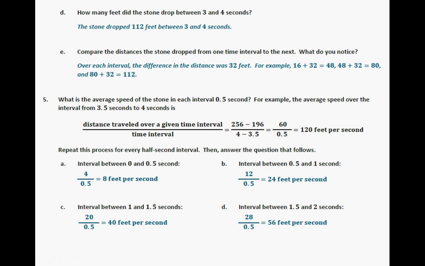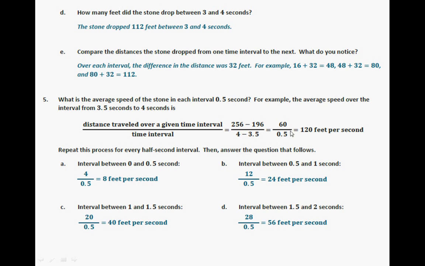All right, for number 5, what is the average speed of the stone in each interval of a half second? For example, the average speed over the interval of 3.5 seconds to 4 seconds is, and again you are taking the difference, 256 minus 196 is 60, and the difference in time, 4 minus 3.5, is a half a second.